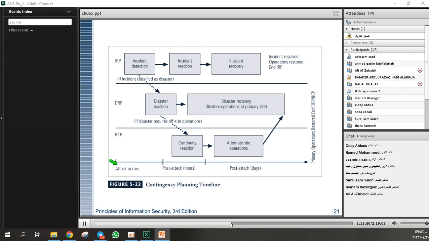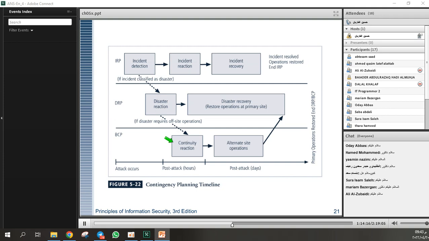Look at this one here. Attack hours, post-attack hours. The attack is finished. What should I do right now? After the attack, what should I do? It's a continuity reaction.